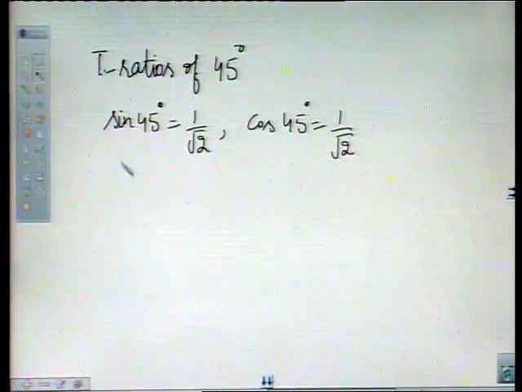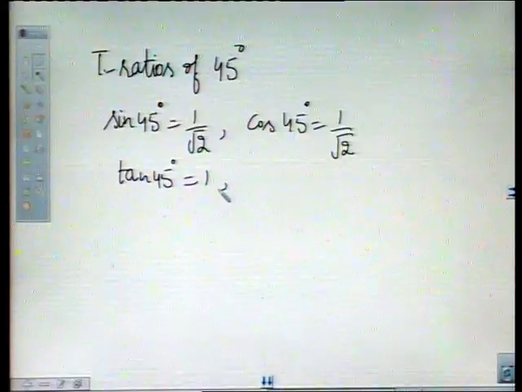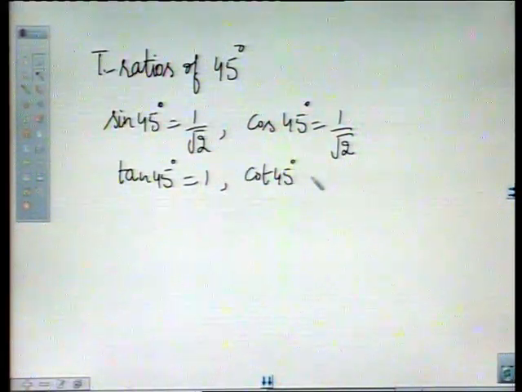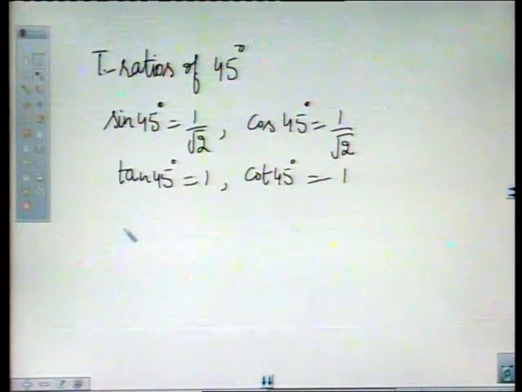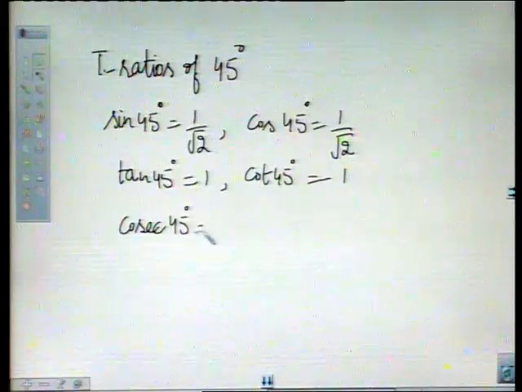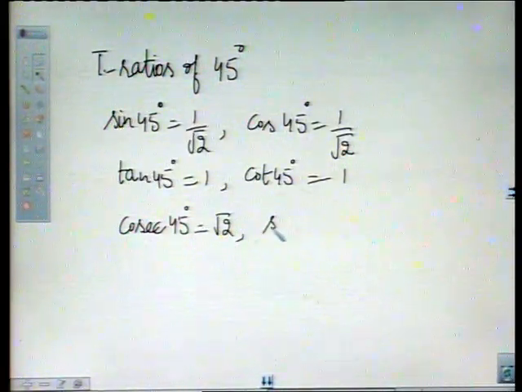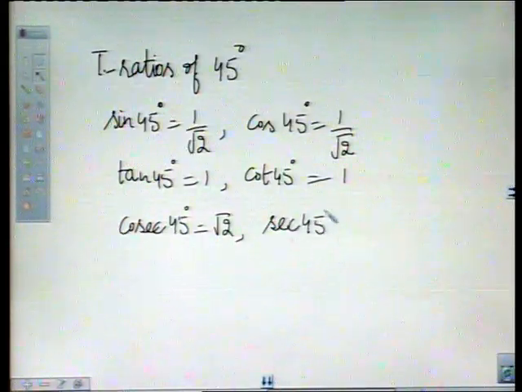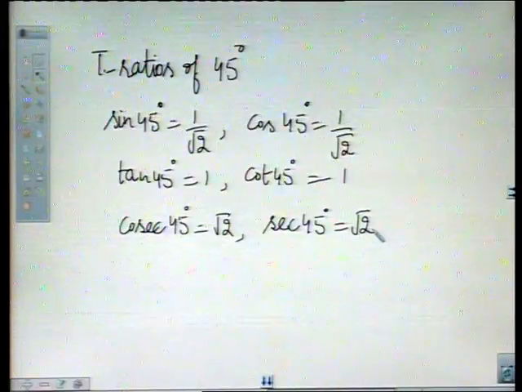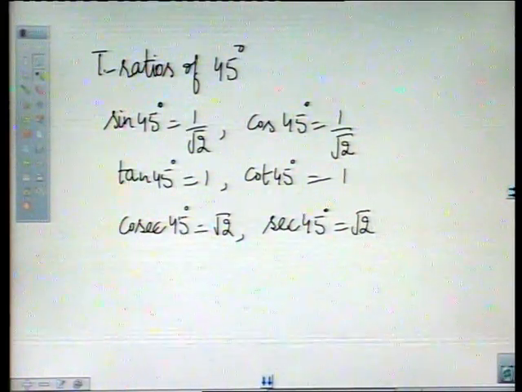Then tangent 45 is 1, cot 45 again is 1, then cosecant 45, the reciprocal of sine, will be under root 2, and similarly the value of secant 45 degree is also under root 2.